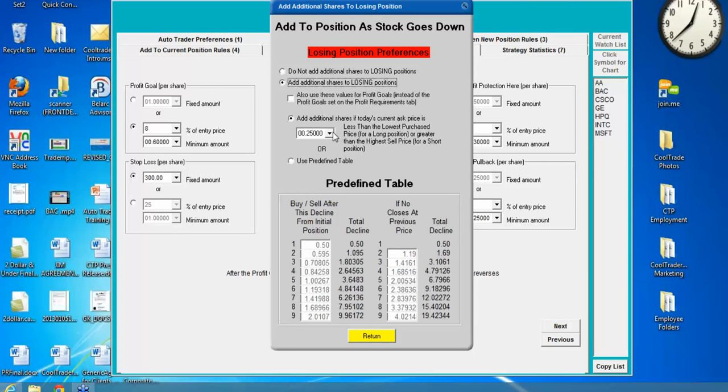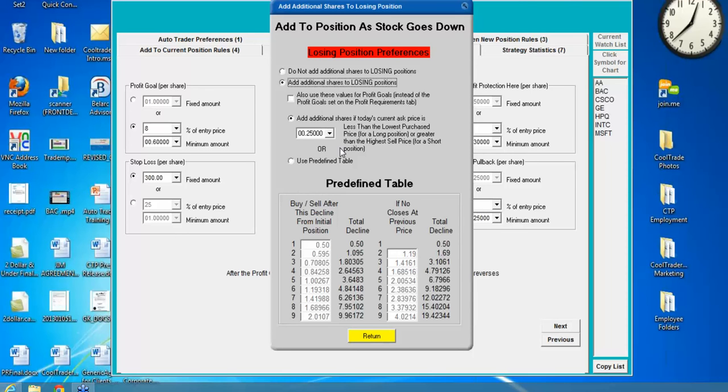Then, every 25 cents that it drops, the system's going to know, hey, he wants me to add another 100 shares every time it drops 25 cents. So that's how that works. And then you just tell the robotic trader on that first page how many positions total you're willing to own, and it's going to follow those rules perfectly for you. So it's really a beautiful thing.